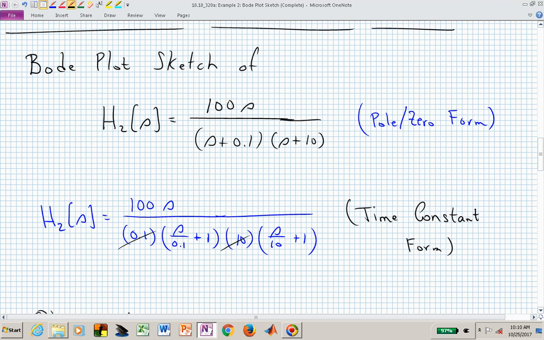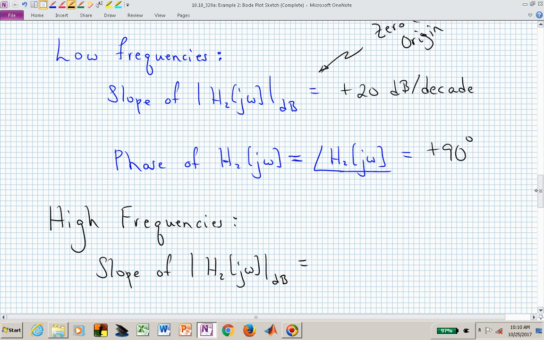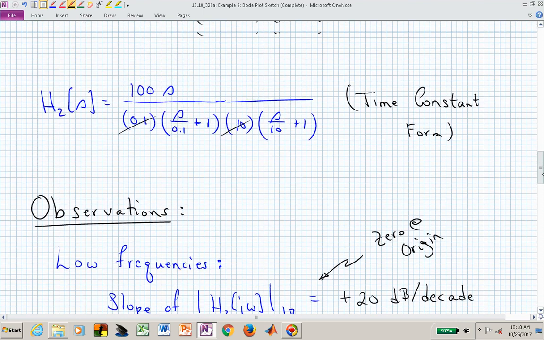If we go a decade beyond the highest break, in this case our highest break is happening at omega equal to 10, so if we go out to 100 in frequency, that could be considered high for this particular transfer function. What's the slope of our magnitude at high frequencies?